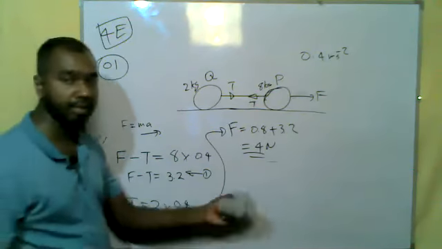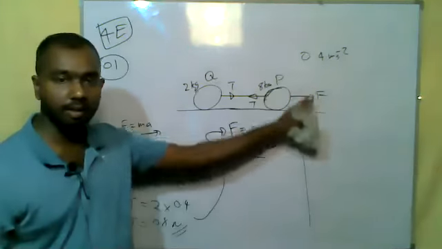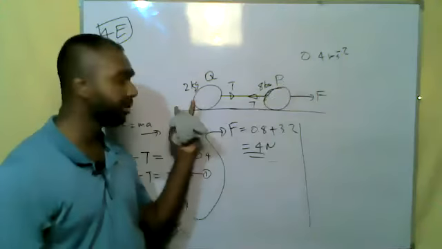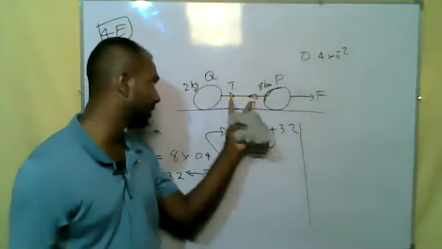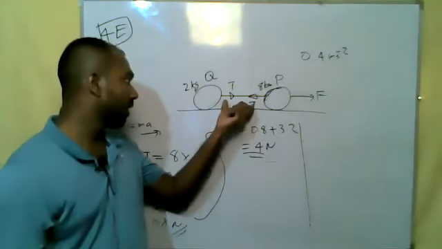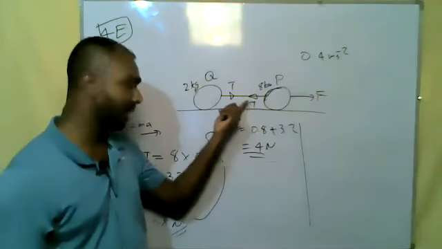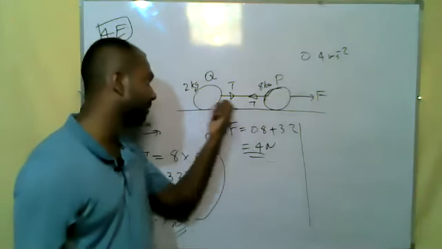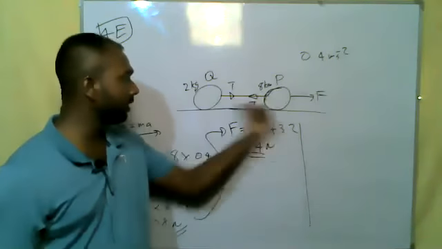Now let's try to do the second way. What was our second way? Consider this as a complete system. At the two ends, the T and T cancel. When we think of the system as complete, the internal forces cancel off, because according to Newton's third law, this T is in this direction and the other T is in the other direction.